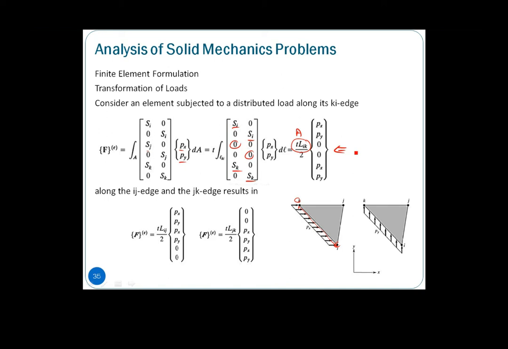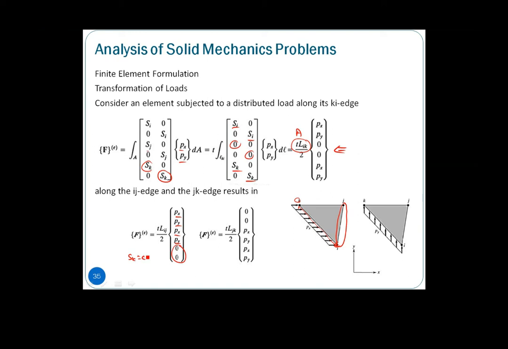So if you have only your distributor along IJ, which is here itself, applying at here, then you have only Px, Py, and this particular part is 0, Sk will be 0.